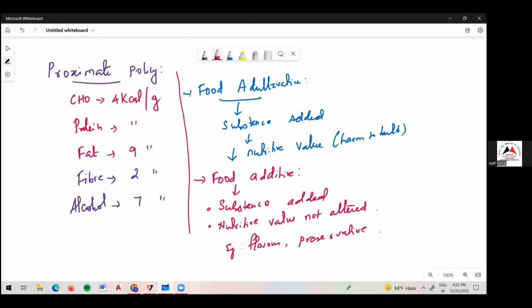But food additives are no problem, they are substances added that do not alter the nutritive value. Food additives are fine, but food adulteration is not good. Is it clear?